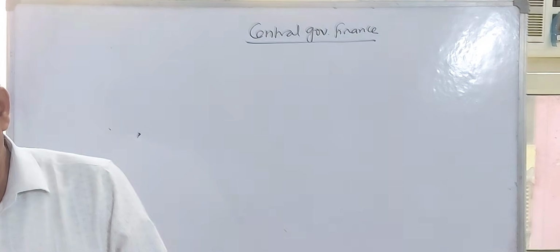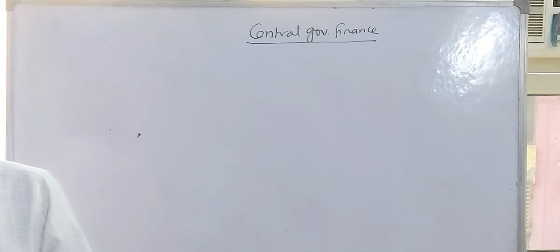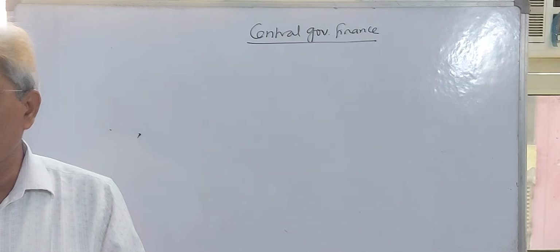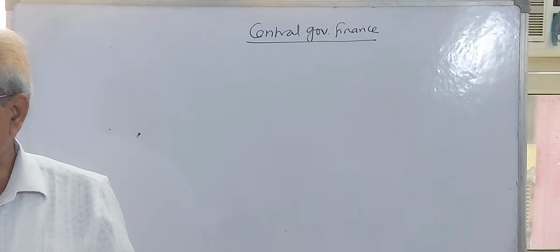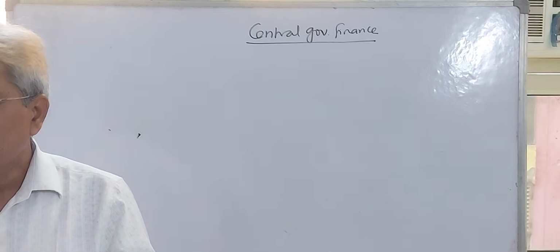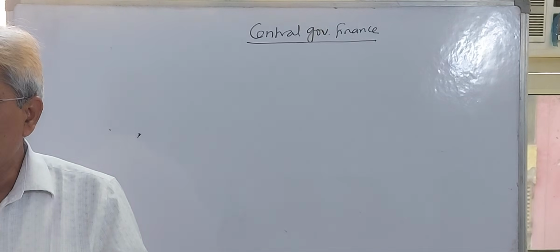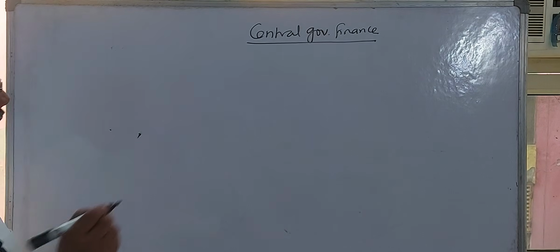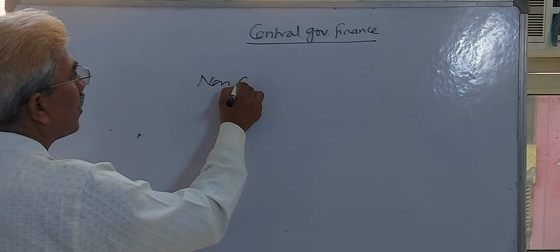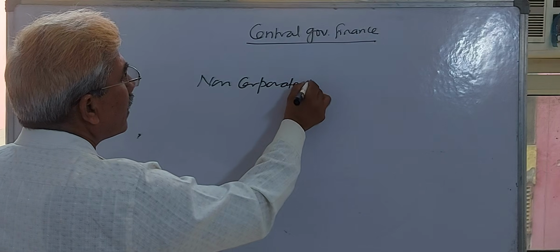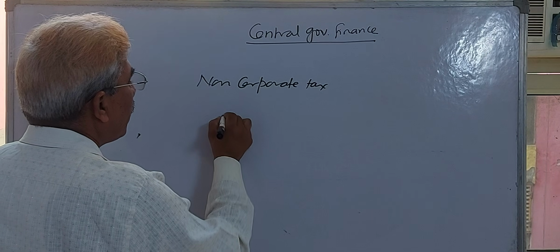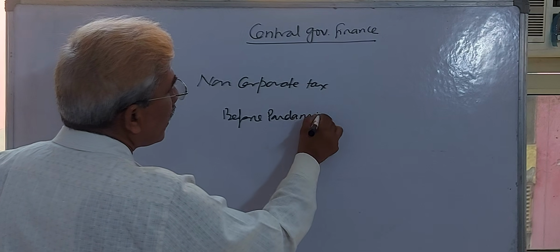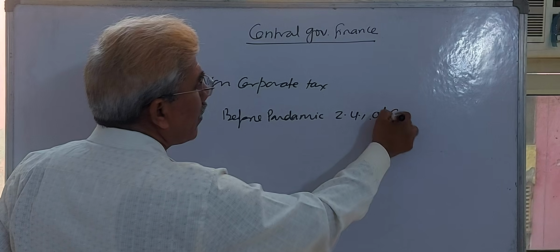Okay students, now I start with macroeconomic stability and balancing the growth rate imperative with fiscal sustainability. Look at the strong performance of non-corporate tax collection, which before the pandemic was only 2.4% of GDP.